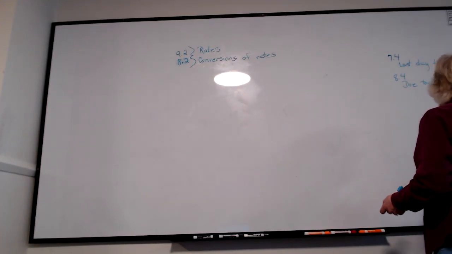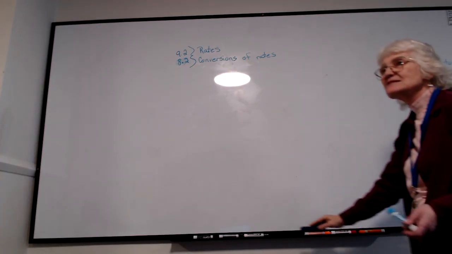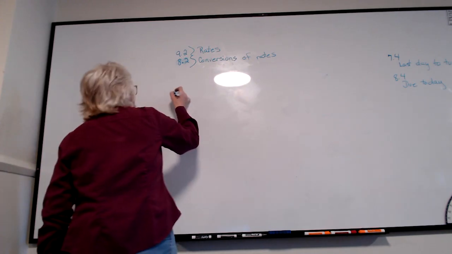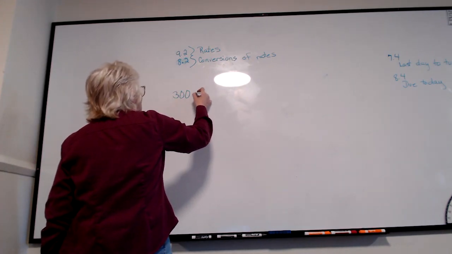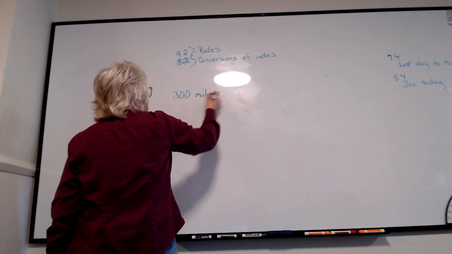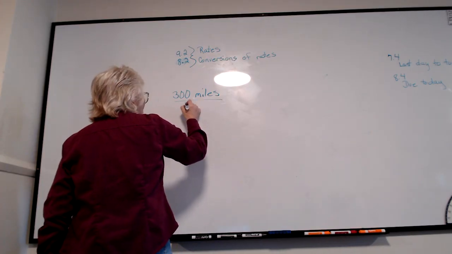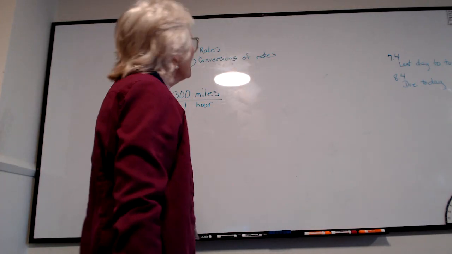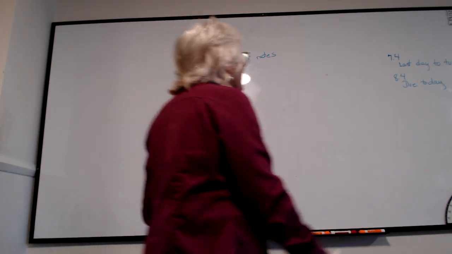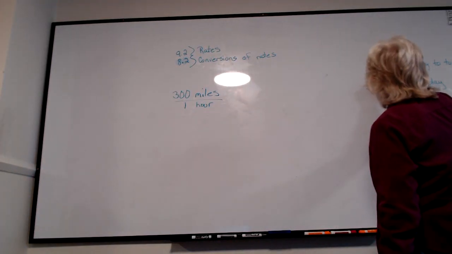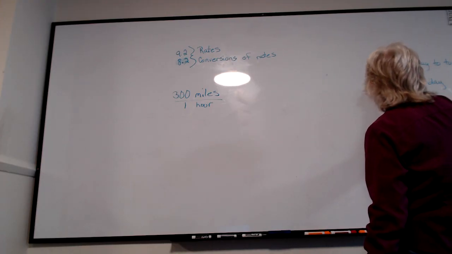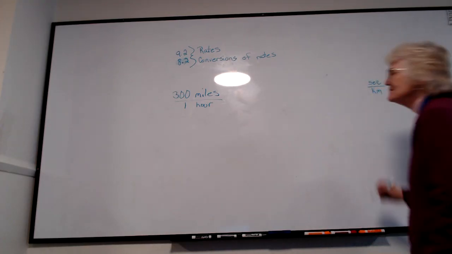Because sometimes, and this is what you do more in science, okay? So let's say you are going 300 miles per hour, 1 hour, okay? And my goal is to say how many seconds I'm going per kilometer.